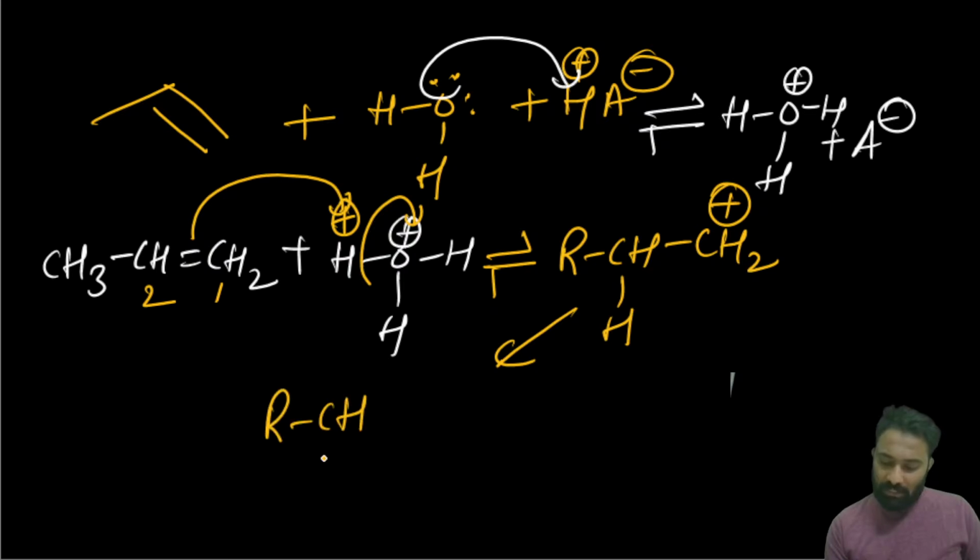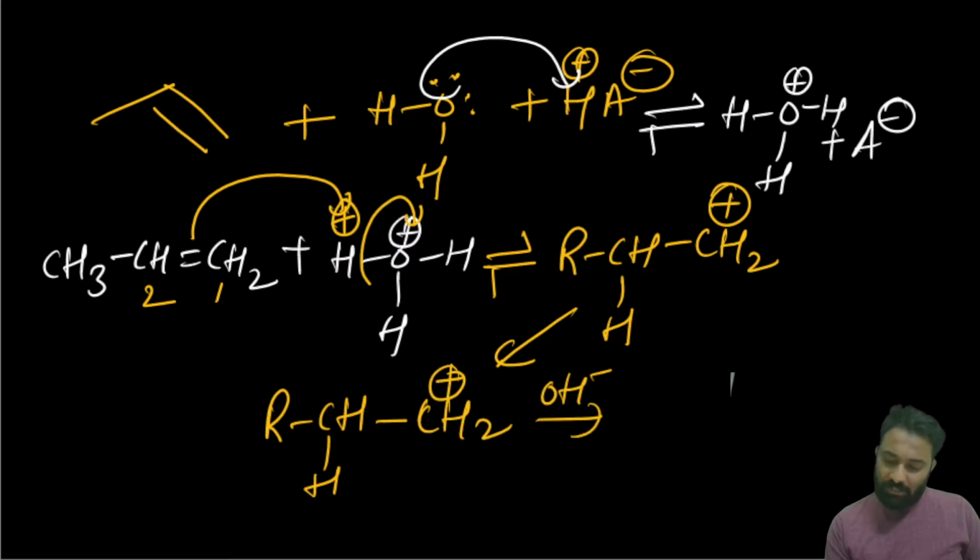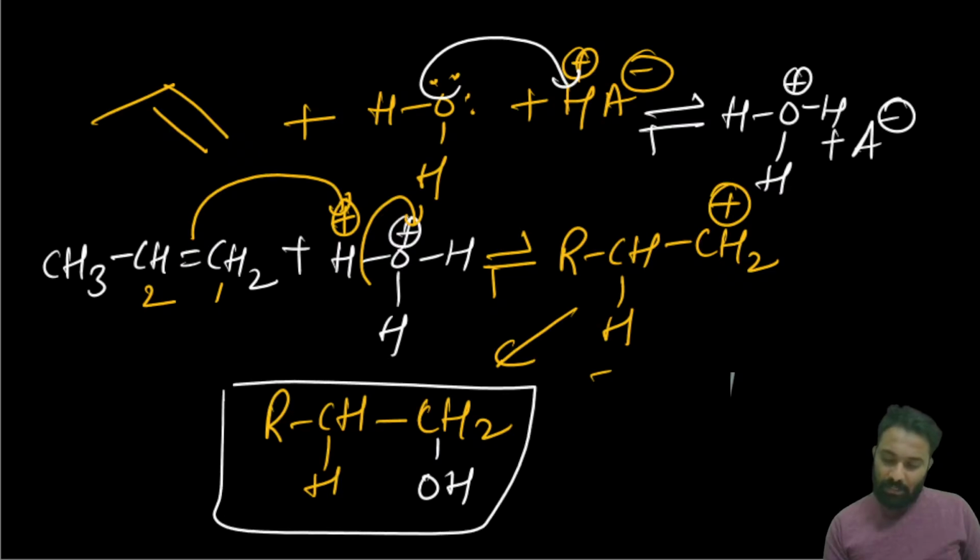After generating the 1 degree carbocation, we have the OH from the solution. If that OH attacks here, then a 1 degree alcohol will form. The 1 degree alcohol is unstable. Why is the OH unstable here? Because it is producing a 1 degree carbocation, right?